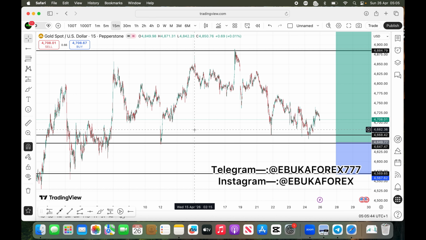So I just have to focus on the major key levels on the chart. So the lower time frame, like the 15-minute time frame, we are just looking for a potential market structure shift, which is basically the liquidity sweep. So the liquidity is the most important concept in the market, which most people ignore these days.